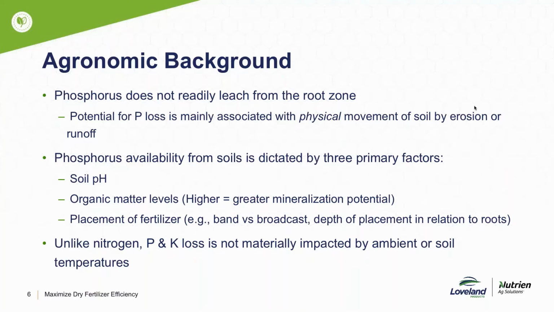So when we talk about this dry fertilizer application and things that affect it, how we can make it more efficient, how we can get more return on that investment, we've got to understand a little bit about what things are affecting our nutrient availability or plant uptake. So I picked a little bit of information here.